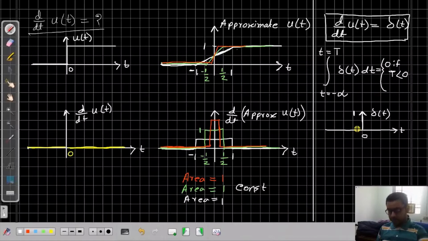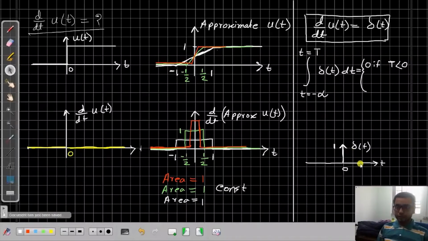However, if this time T is somewhere on the right side, then the area under the curve will be the area under this delta function, which is same as 1. That is by definition. So if T is greater than 0, then this integration results in 1, and if capital T is somewhere on this side, then the result will be 0.